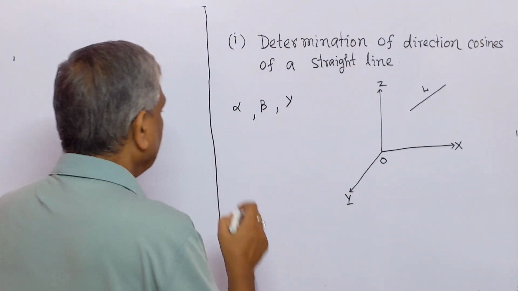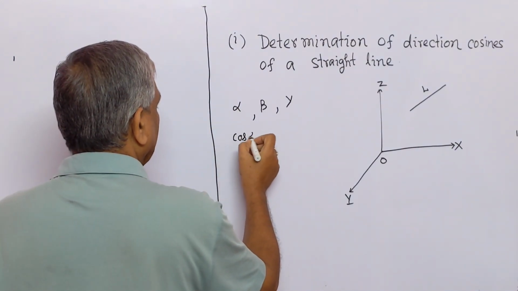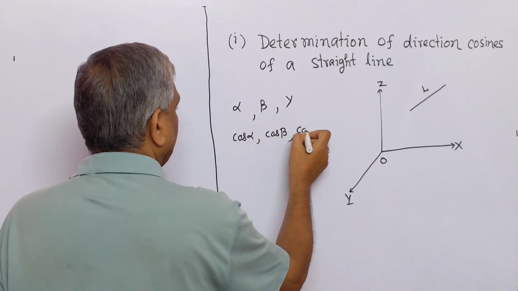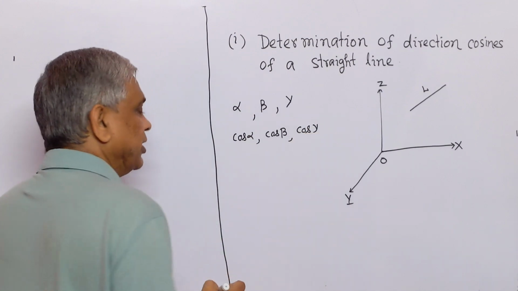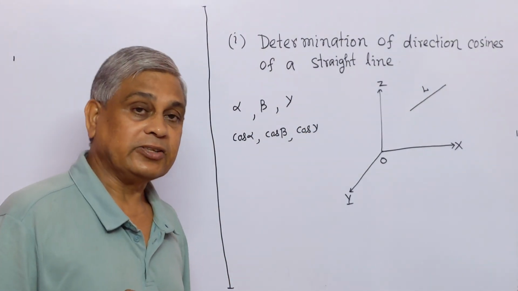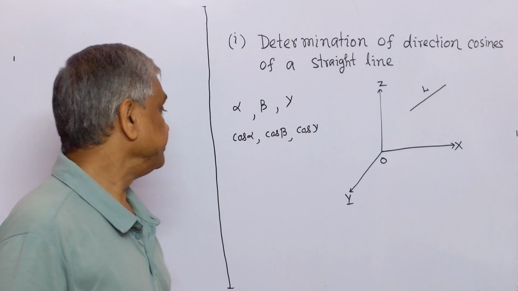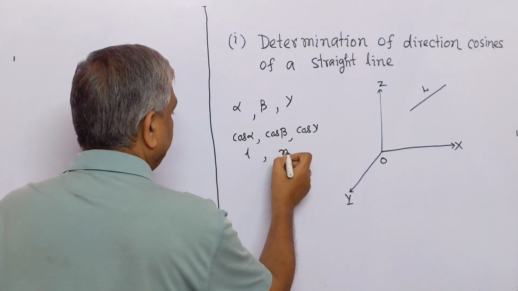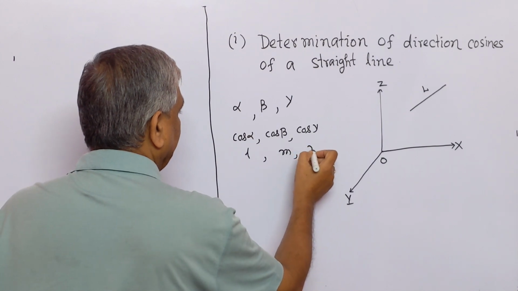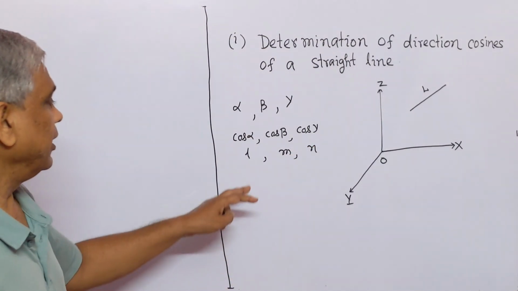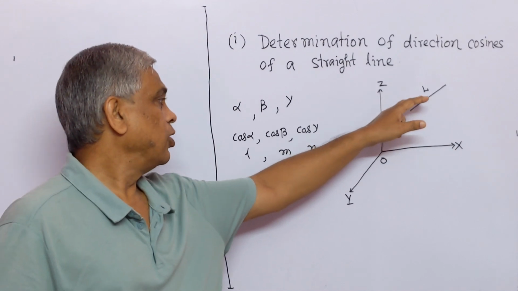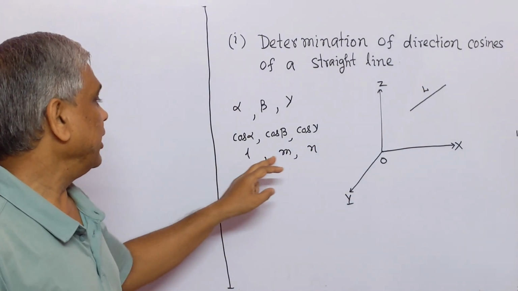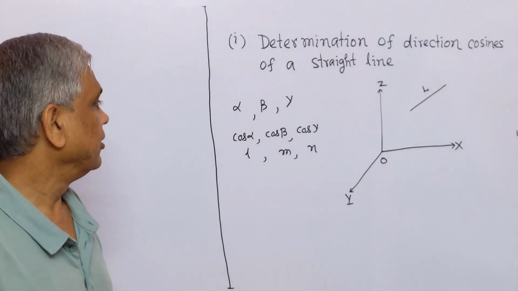Then cos alpha, cos beta, cos gamma are the direction cosines of the straight line L. We denote cos alpha by l, cos beta by m and cos gamma by n. Then the direction cosines of the straight line L are l, m, n.